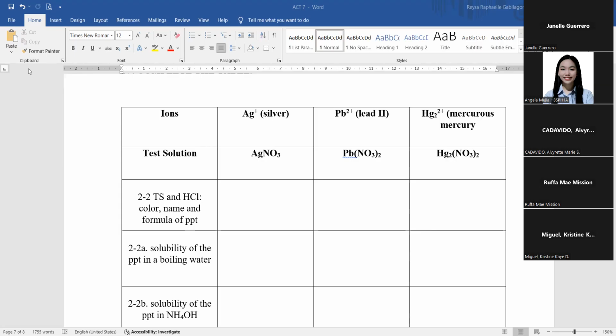So we have the first one, the test solution plus HCl.